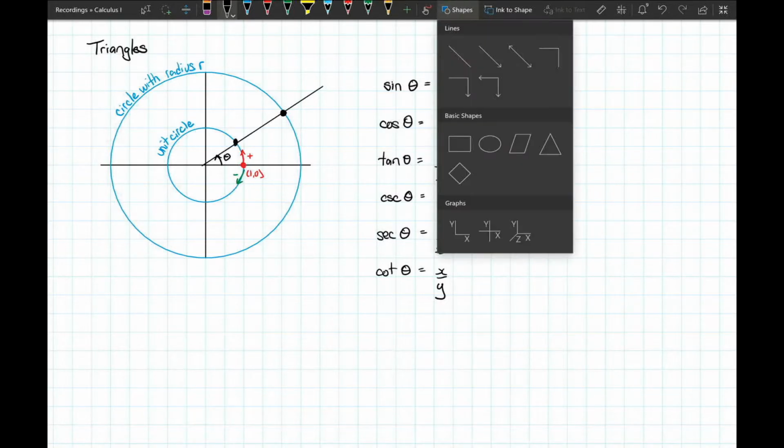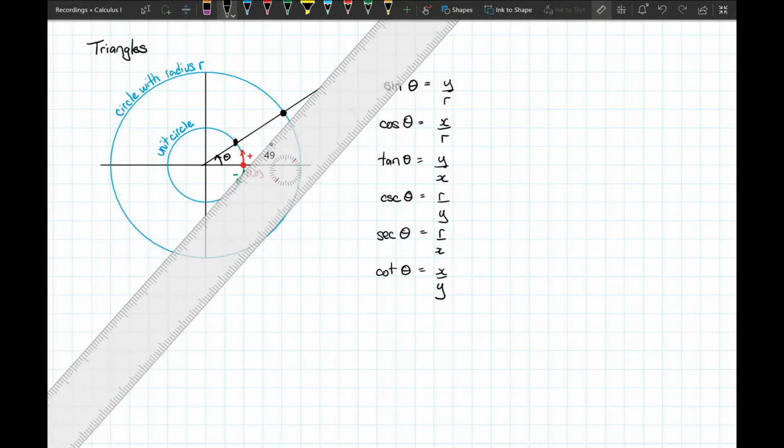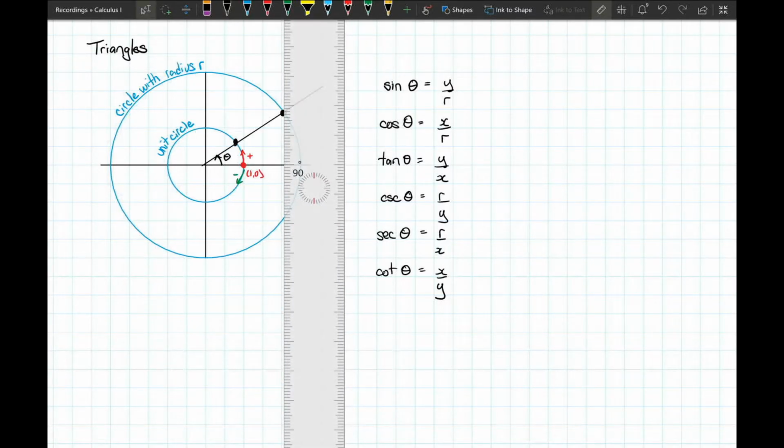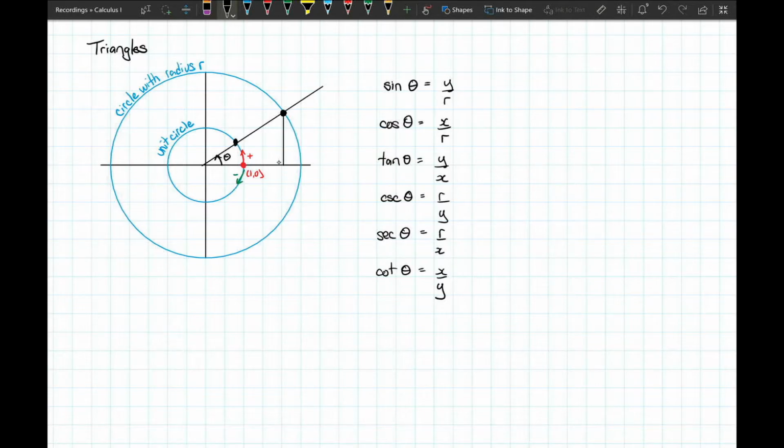And what we can do as a nice little trick here is we can use a ruler, and if we take that point, and we'll call that the terminal point, because that's where you end as you go around the circle, and we'll connect that with a right angle to the x-axis.